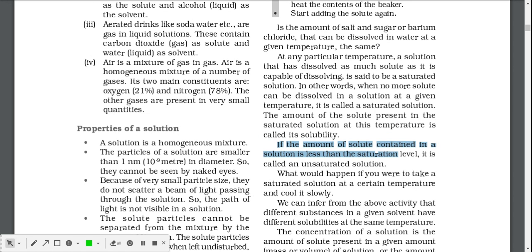Meaning, up to the amount a solution can dissolve before becoming saturated, that is unsaturated. When it reaches its level, it becomes saturated, that is known as the saturation level, and below that, every amount of solute that you dissolve comes under the category of unsaturated.